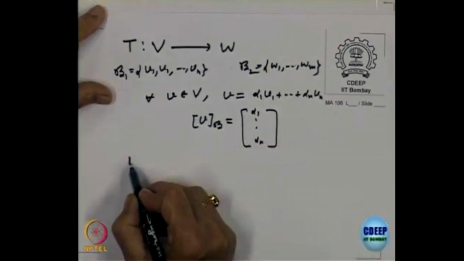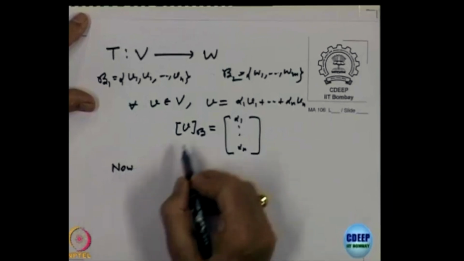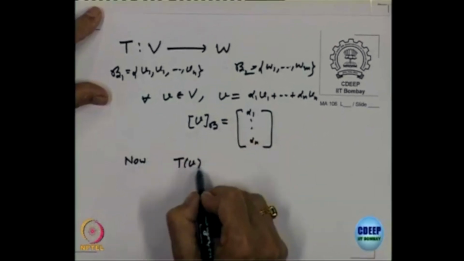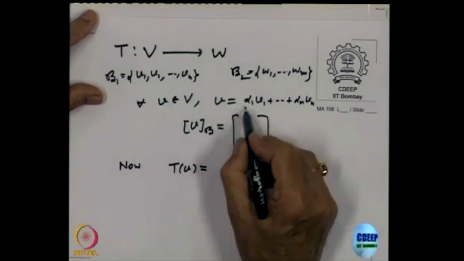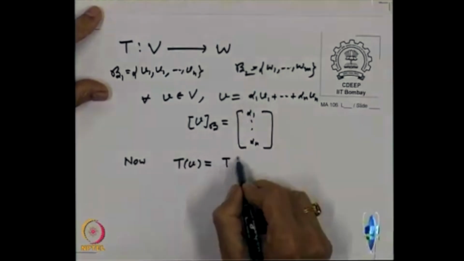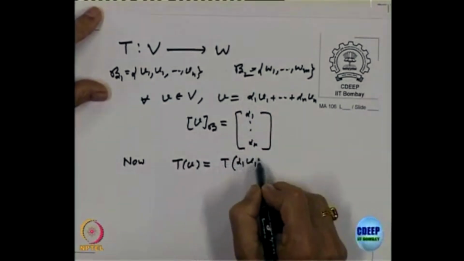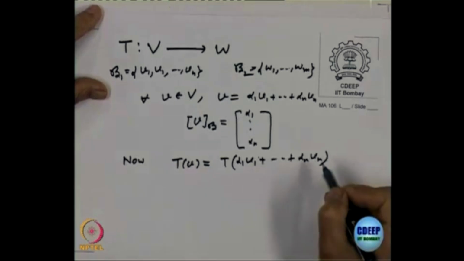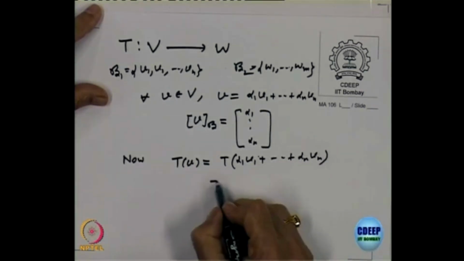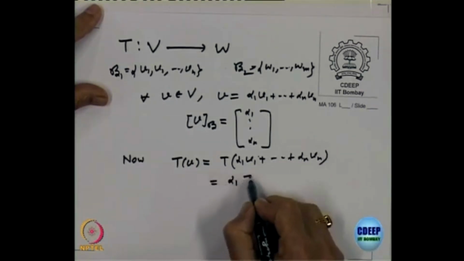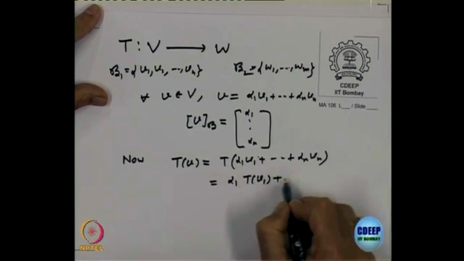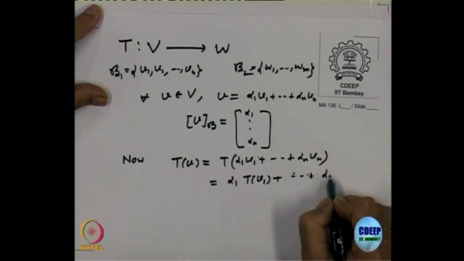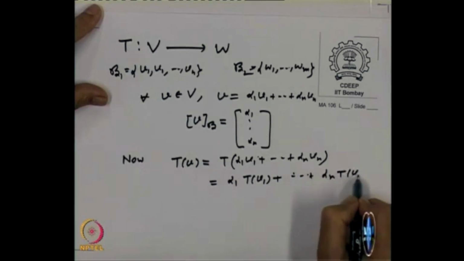Now consider what T of V is. T of V is T of alpha 1 V1 plus ... plus alpha n Vn. Using linearity, it is alpha 1 T of V1 plus ... plus alpha n T of Vn.